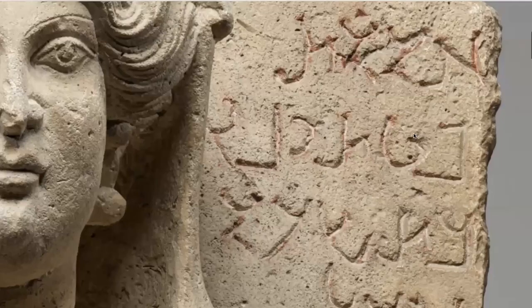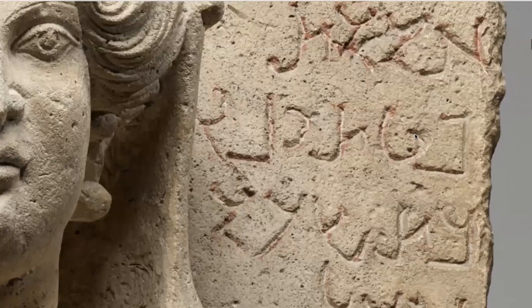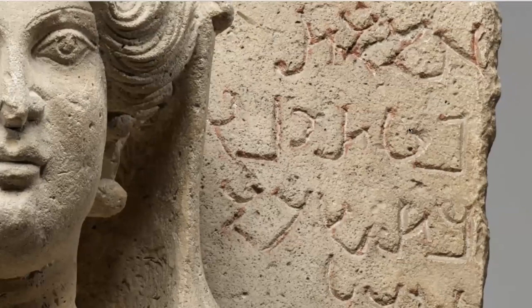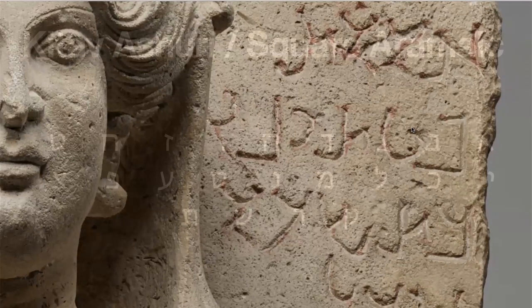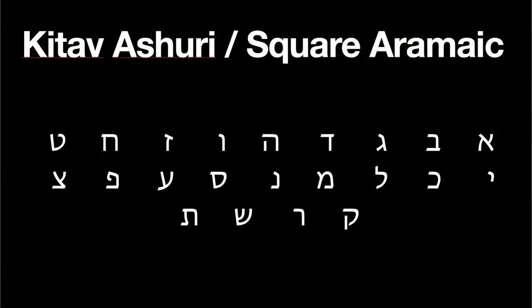But if you look very carefully, you can see the writing style here. Now, the most popular form we see publicly is something we might call Hebrew, but really we should call it Ktav Ashuri, or square Aramaic script.